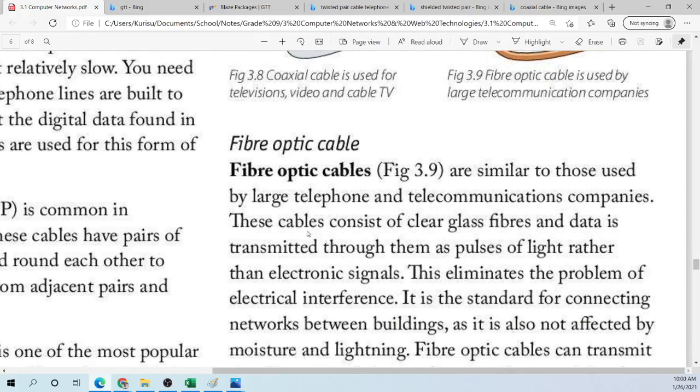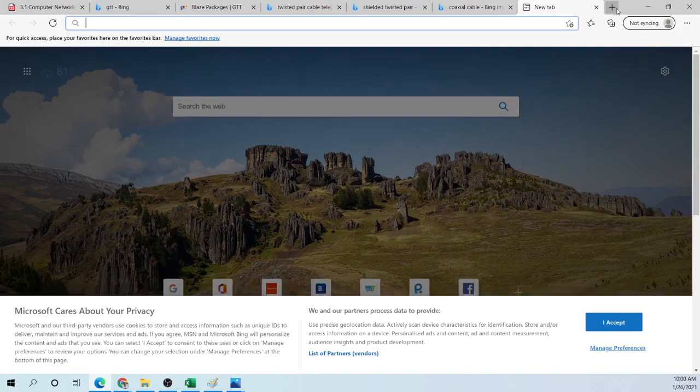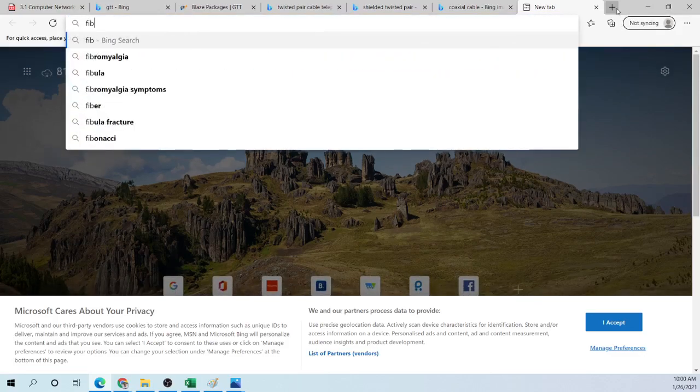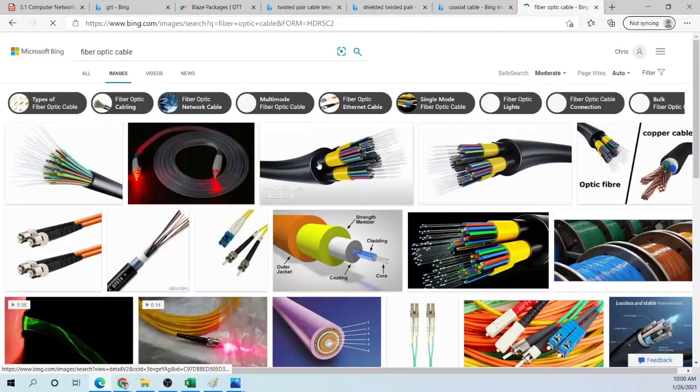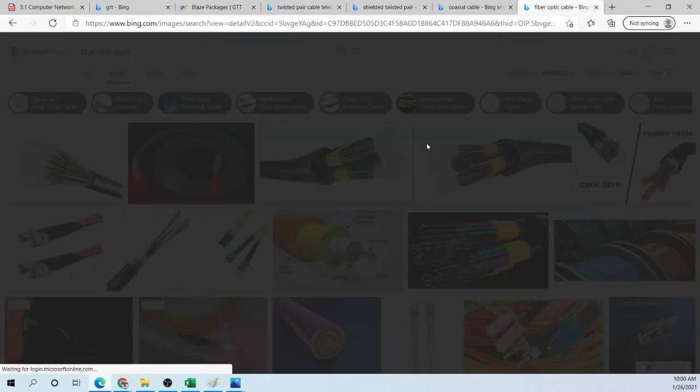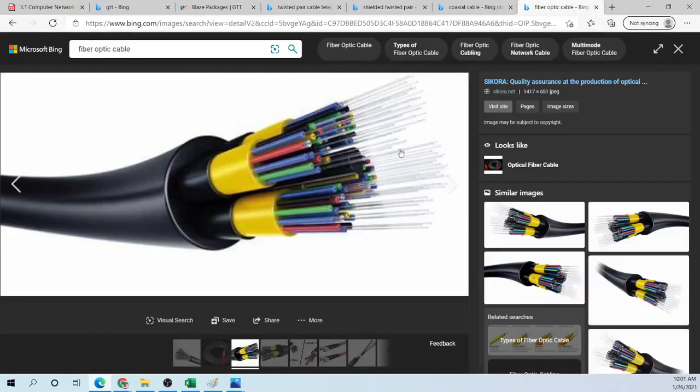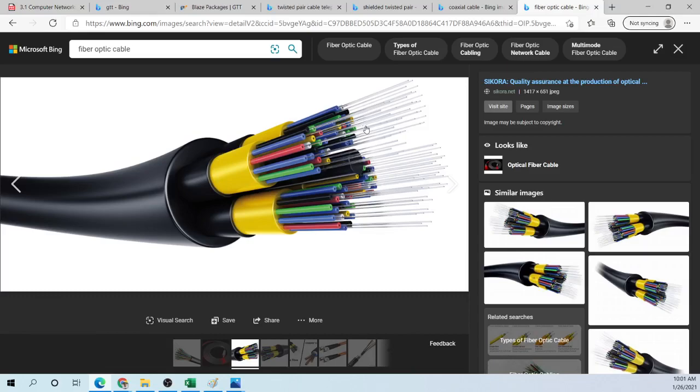Now, the cables consist of a clear glass fiber, and data is transmitted through them as pulses of light rather than electronic signals. So if you were to search for a fiber optic cable, this is what a fiber optic cable looks like. So these ends that you're seeing here are the glass connection.